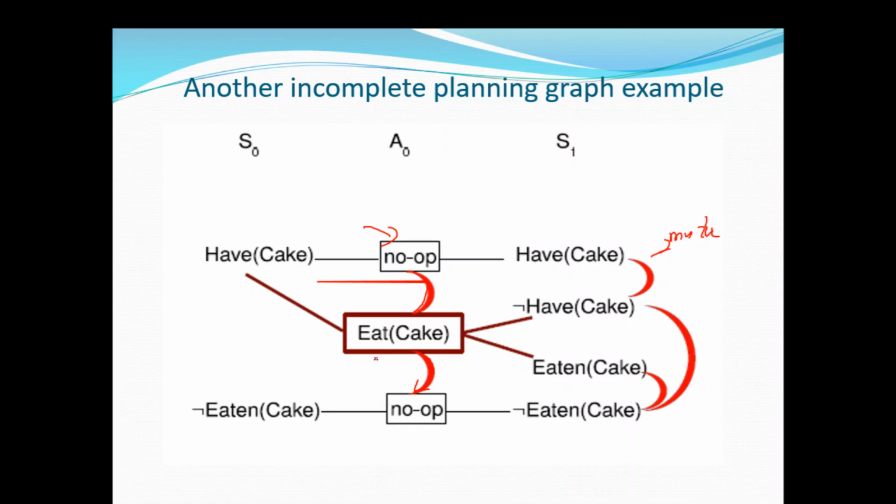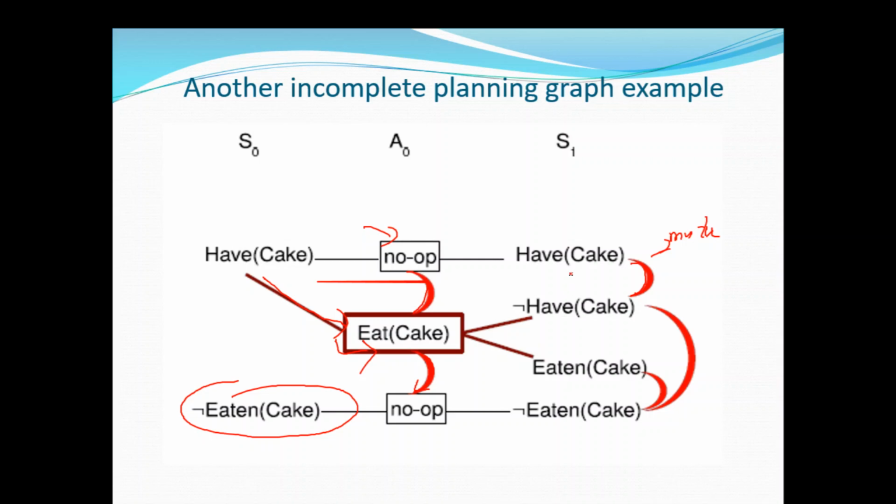Only if you have cake can you eat cake. If you don't have cake, then you cannot eat. You have to go with no operation only, right? When you go with no operation, you will have not eaten of cake, right? So again here also these are mutex links, that is, they cannot occur at the same time.